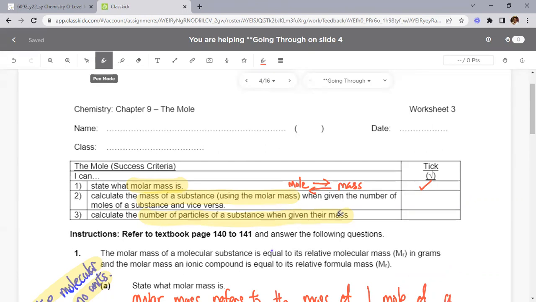For step 3, can we find the number of particles when given their mass? We have done this also. We went from mass, we calculate the mole, then we calculate the number of particles.